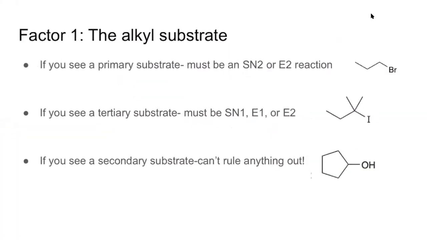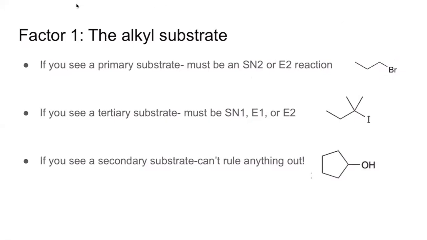So one factor that we can look at first is the alkyl substrate. A lot of these points are probably going to be reviewed, but we just wanted to go over them clearly as we're going to get more into synthesis and problem solving with the 4 reactions this week. So if you see a primary substrate, your reaction must be an SN2 or E2 reaction. And here's just an example of a primary substrate. Does anybody remember why a primary substrate must be an SN2 or E2 reaction?